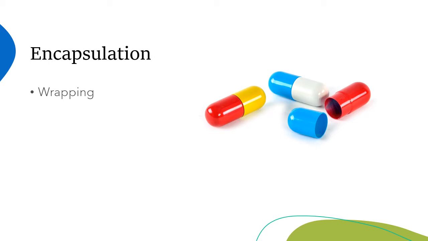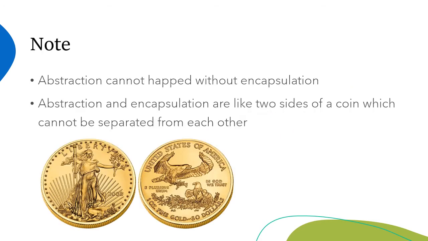So in this case, you might be getting confused about how abstraction is different from encapsulation. See, understand this from this slide. Abstraction cannot happen without encapsulation, because encapsulation is giving you the way how you can do the abstraction, because unless you have some way to wrap up, you cannot hide, isn't it?